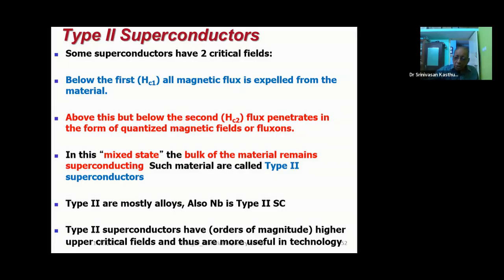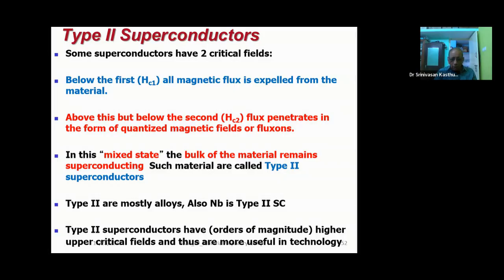So between HC1 and HC2, you have what is called the mixed state. In this mixed state, the bulk of the material remains superconducting, and such a material is called a type 2 superconductor.